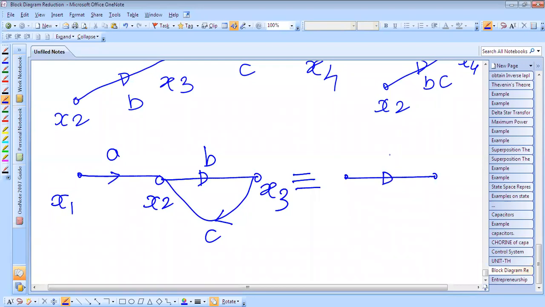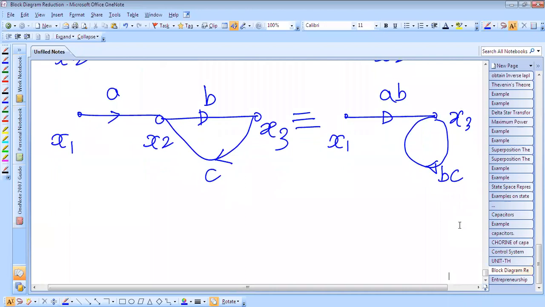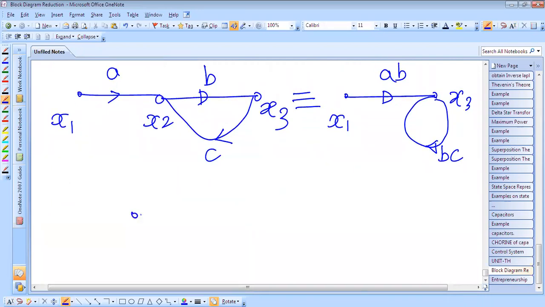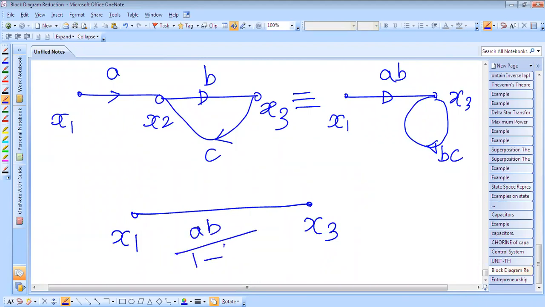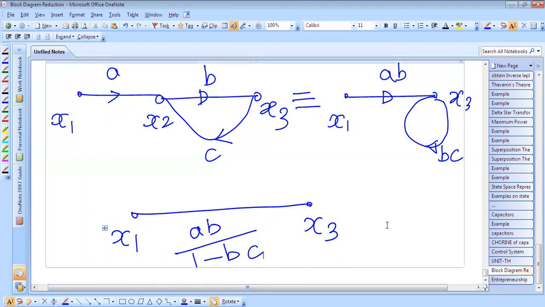We can say it is A, B, this is node x1, this is x3, and this is BC. We can reduce this loop like this, and finally we can write x1 to x3 as AB upon 1 minus BC. So in this way we can reduce this loop.